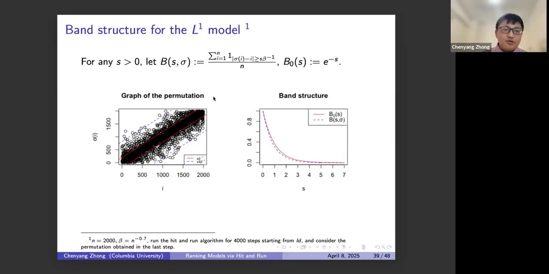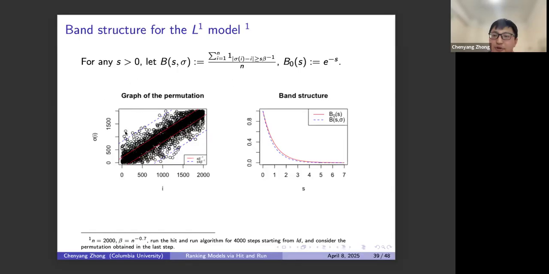So if we take n to be 2000, and here sigma is a permutation that's generated using the hit and run algorithm, running it for a sufficiently long time, we obtain a resulting permutation, and we can draw those points in the two-dimensional plane. And this is a visualization of the resulting graph of the permutation.